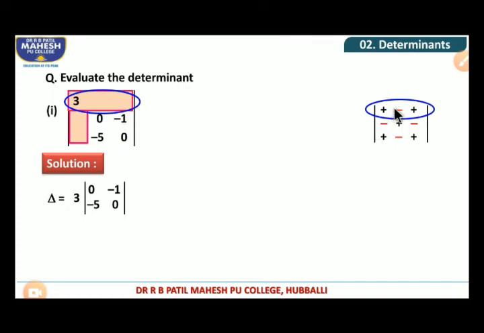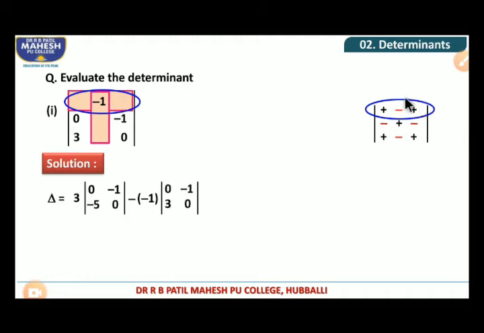Next, for the second element we have to take a minus sign. Already we have the element minus 1, so into the bracket of minus 1, don't confuse these signs here. And the determinant obtained by deleting the first row and second column is 0, minus 1, 3, 0.